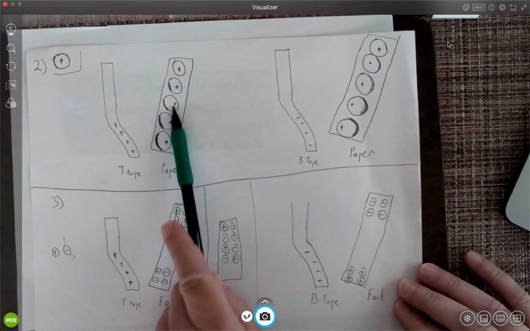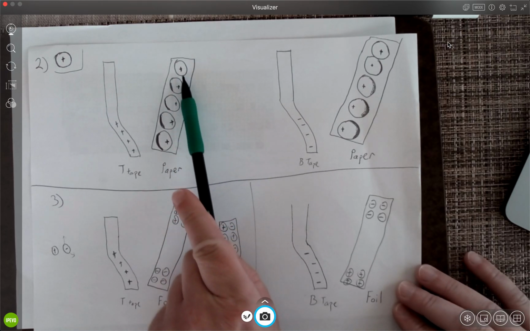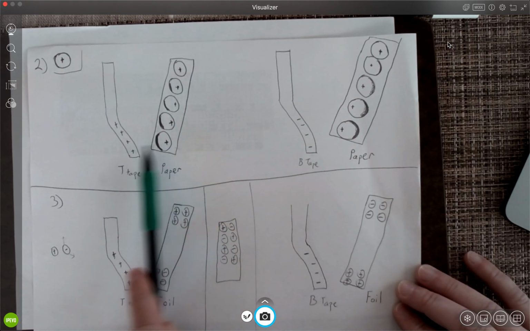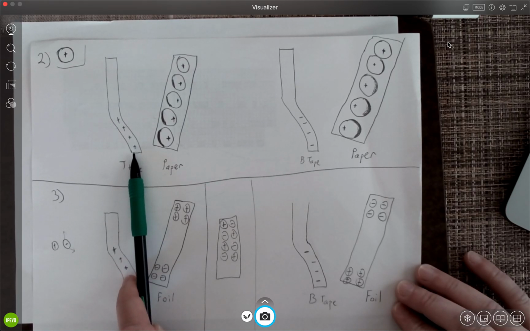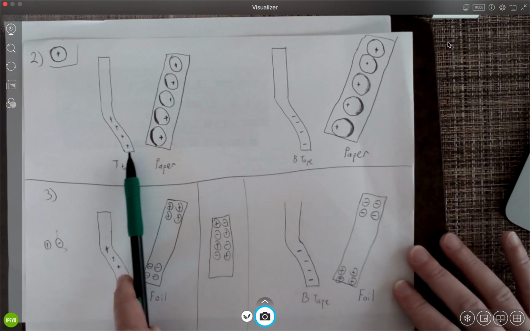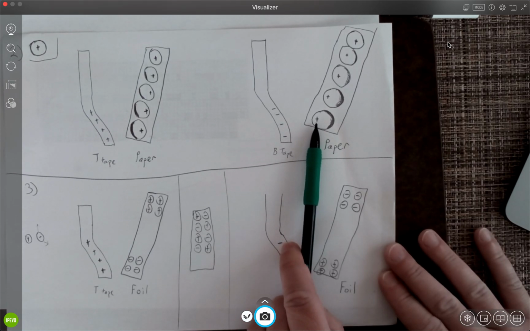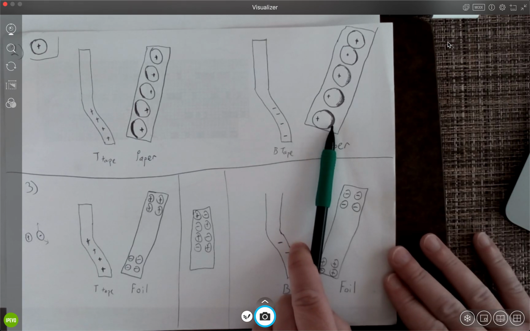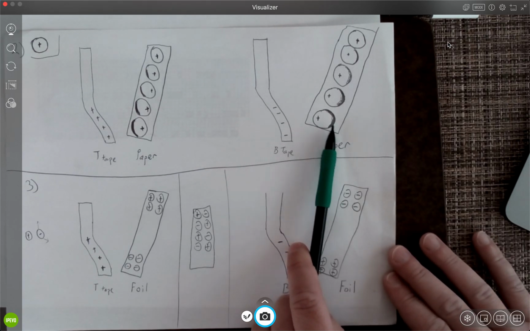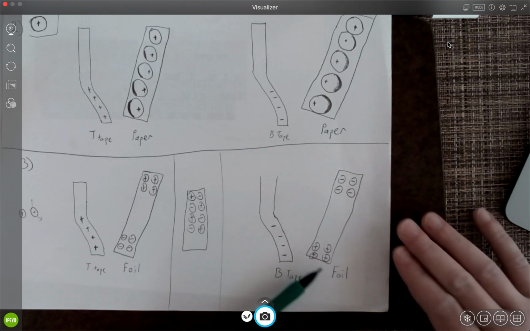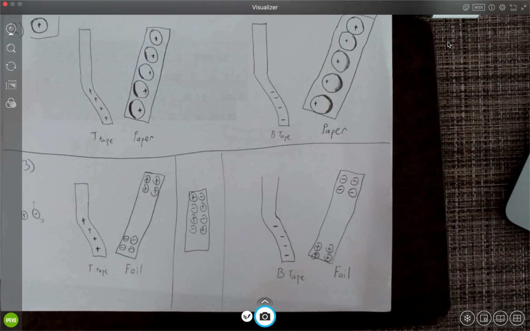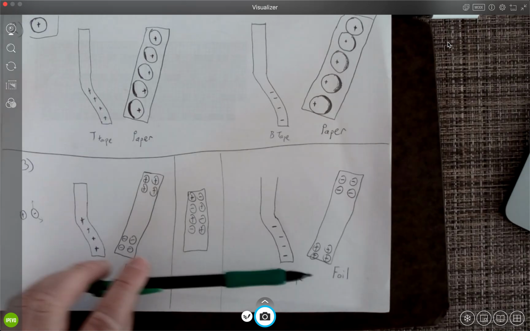Then I tried to show through the tape that the strongest intensity is where it's closest to the net charge. Similarly, the bottom tape, which is a negative charge, is going to attract the positive part of the atom in the paper and repel the negative part of the atom in the paper. The difference between the paper and the foil is that the foil has free electrons.